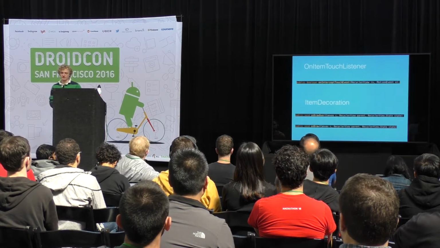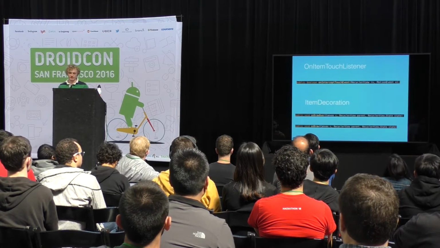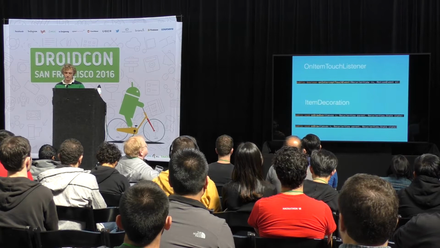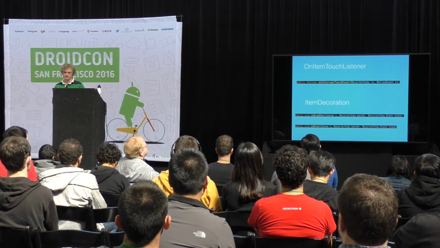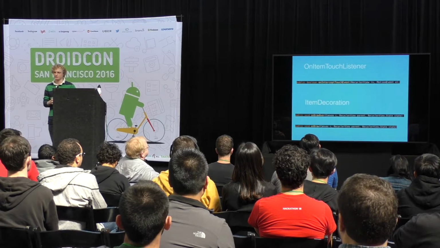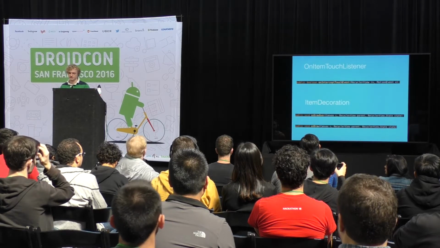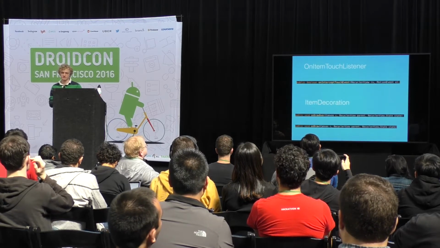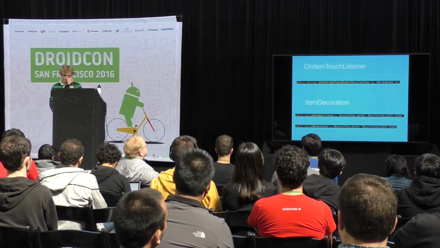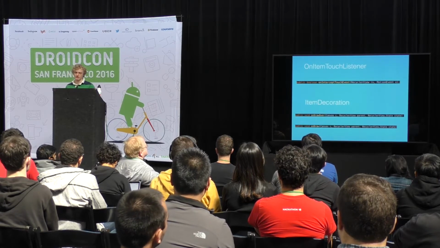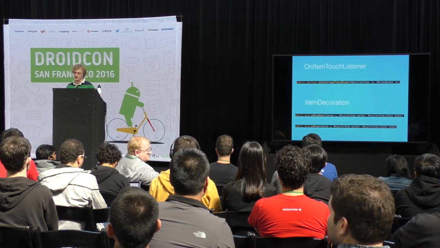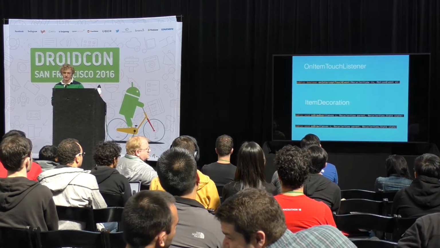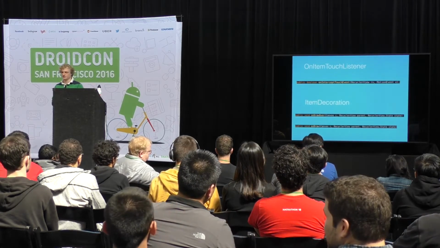ItemTouchHelper is really made up of two things. The first is RecyclerView.OnItemTouchListener, an interface with three methods, the most important being onInterceptTouchEvent. It's a way to capture motion events in your RecyclerView and apply them to the children, which you can do manually, but ItemTouchHelper provides this implementation in great part for you. The second part is ItemDecoration.